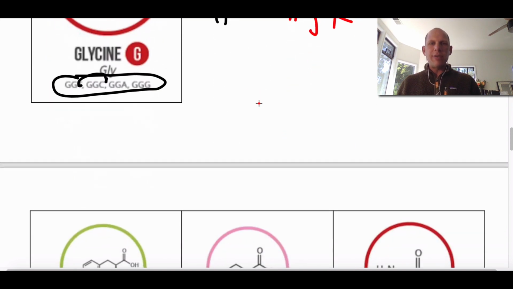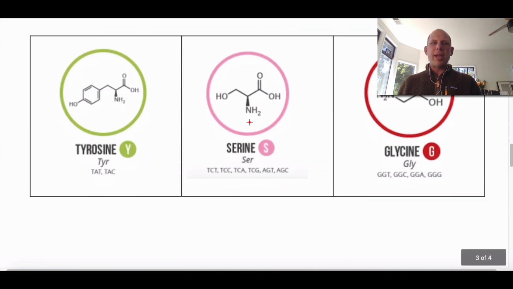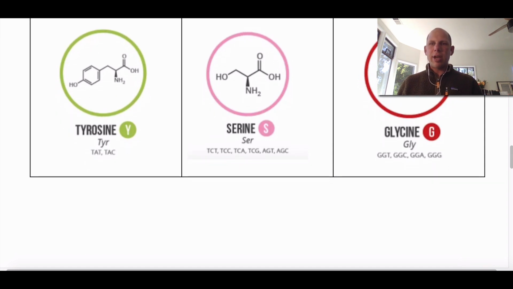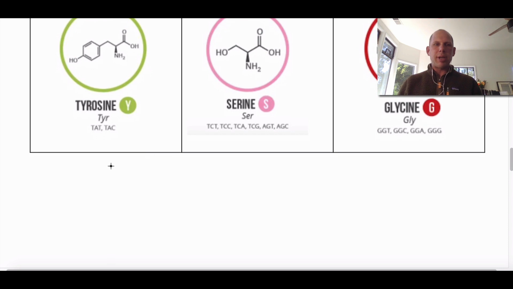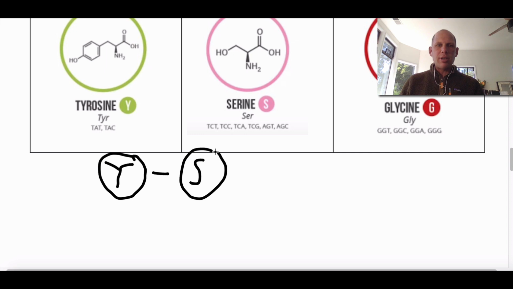Okay, well, these are individual amino acids. Let's make a really small protein based on these amino acids. Let's show you how those come together. We're going to make a three-peptide protein. This protein is going to be made out of tyrosine, connected to serine, connected to glycine. So this is going to be a protein.